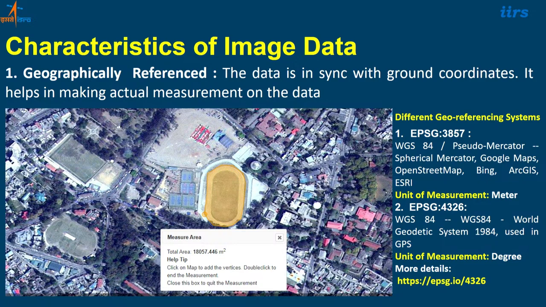That is a geographical coordinate system. It has the WGS 84 spheroid. We also call it the World Geodetic System 1984, and it is used in GPS also. You can go to epsg.io and search 4326 to get more details on this particular coordinate system as well.